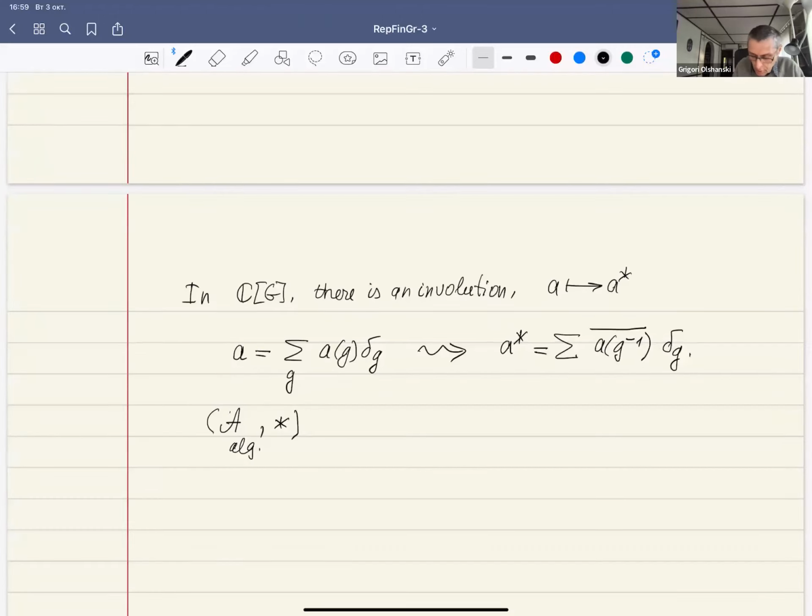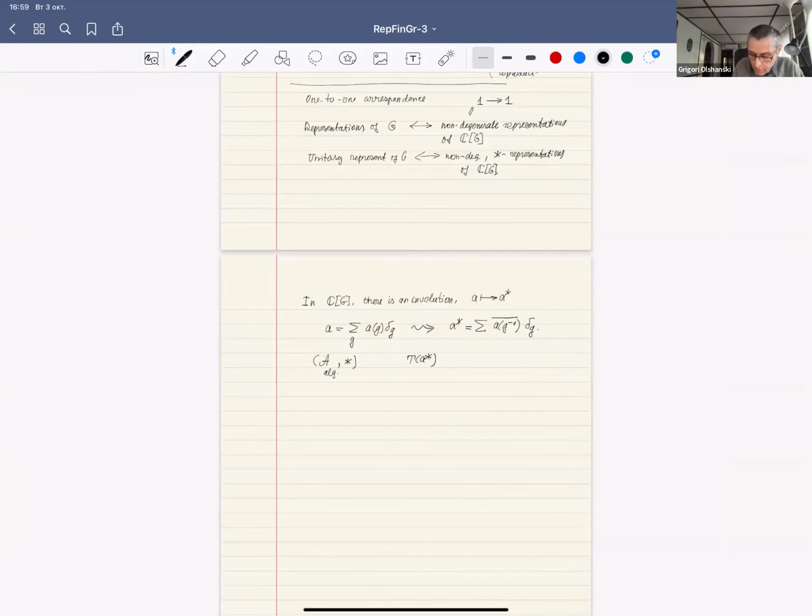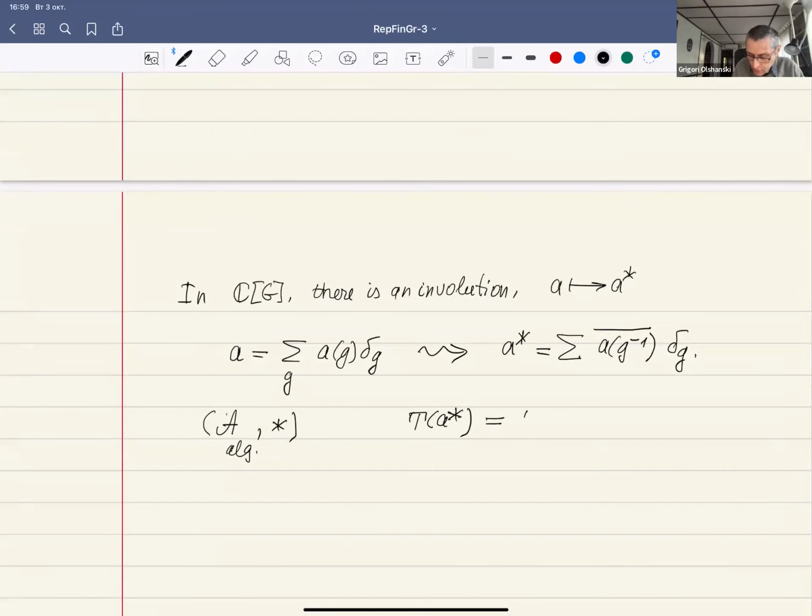So if the operator corresponding to this element coincides with the image of A star, and this star is the usual conjugation on the space of operators in a Hilbert space. A finite dimensional Hilbert space, so there is no problem.